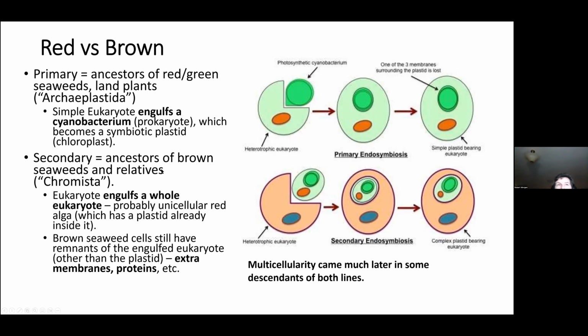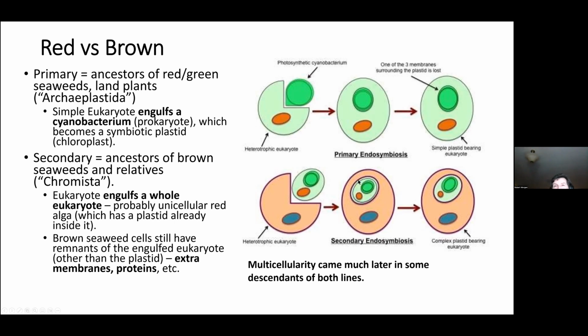Now, what seems to happen with the brown seaweeds and their relatives is that, again, you've got a simple sort of cell here. Instead of swallowing a simple cyanobacterium that carries out photosynthesis, it's actually swallowing a whole cell that's got a nucleus and the cyanobacterium within it.